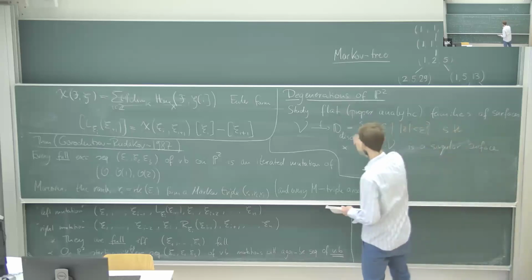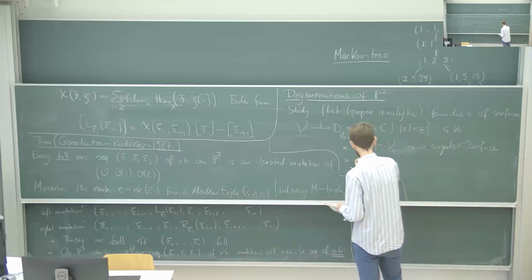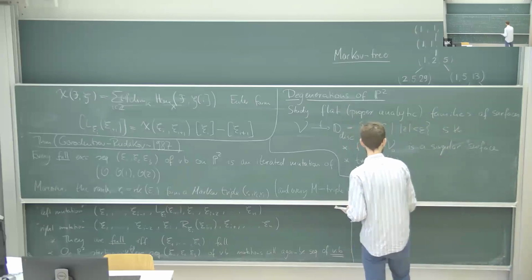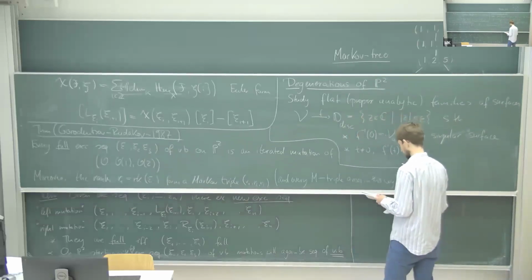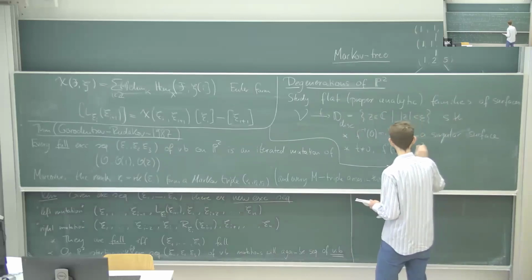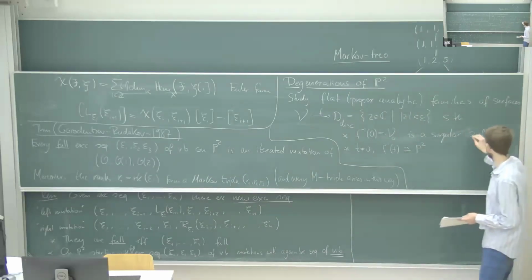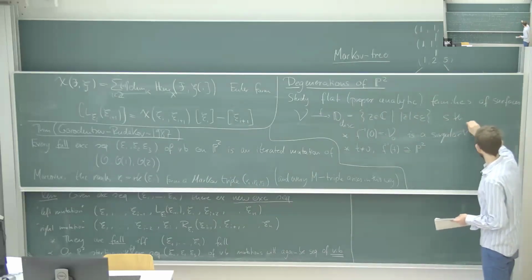This is why it's called degeneration. And if t is different from 0, then the general fiber should be isomorphic to P2. And here I mean singular projective surface.